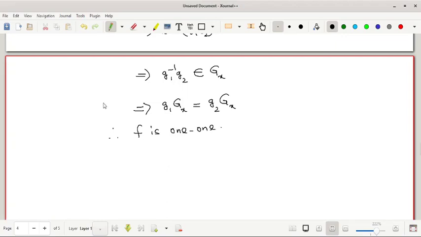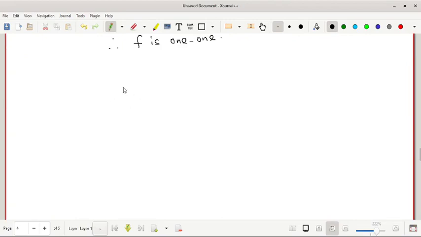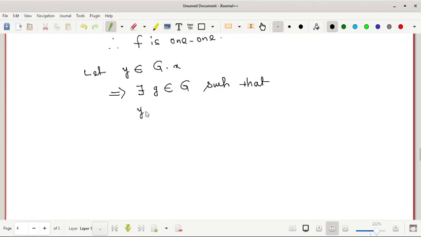How to prove that f is onto? You pick any element from the orbit. Let y belong to the orbit of x. Every element of the orbit must be of the form g dot x. So there exists some g in G such that y equals g dot x.